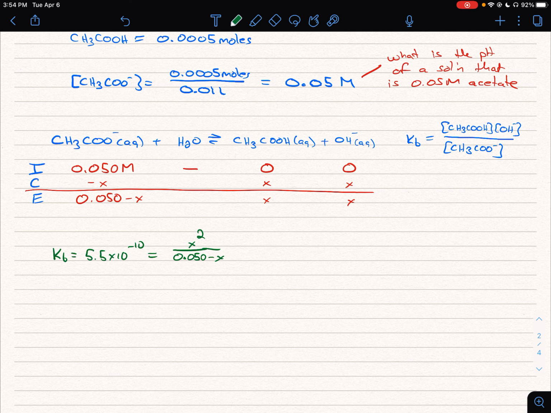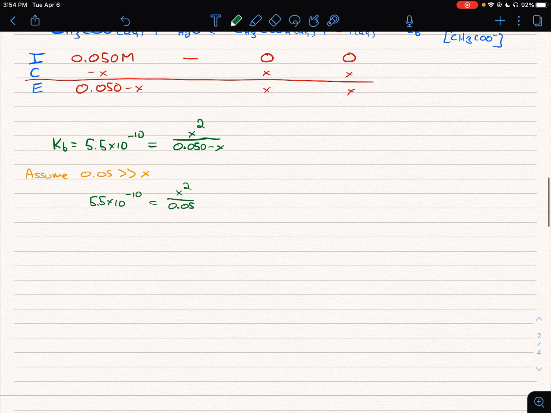Now we can go through the process of solving this. So again, at this point, we can make our assumption, assume that 0.05 is much bigger than x, and we can make that because this is a very small number, so we're going to form very little product. If we do that, then our expression simplifies to 5.5 times 10 to the minus 10th equals x squared over 0.05. We can go ahead and solve for x.